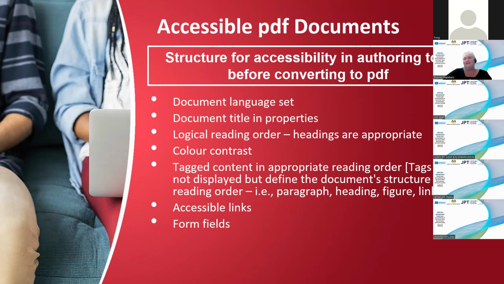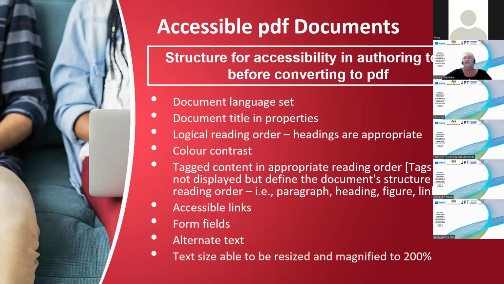There's tagged content, and tag really just means that it tags the reading order. So if you've got a paragraph, a heading, a link, an image, it's tagging them in the correct order. That the links are accessible, so you've written them in such a way that they can be accessible for screen readers. If form fields are accessible, the alternate text has been used, and that text size can be magnified if necessary.